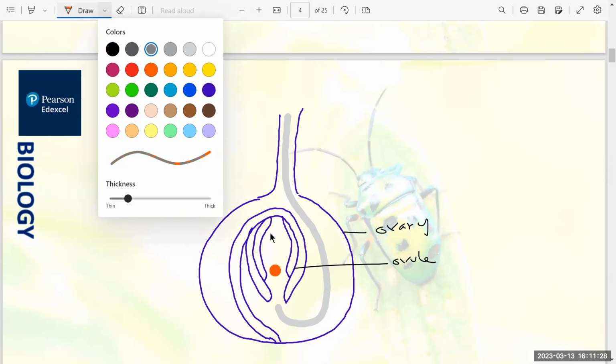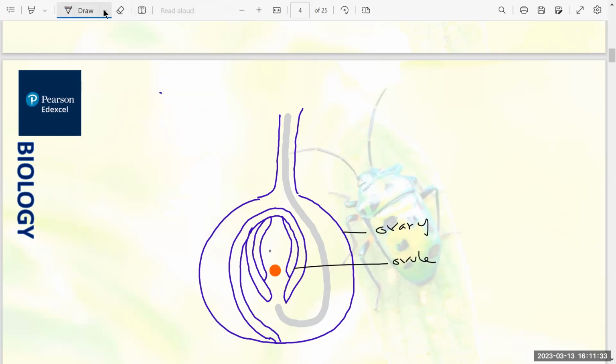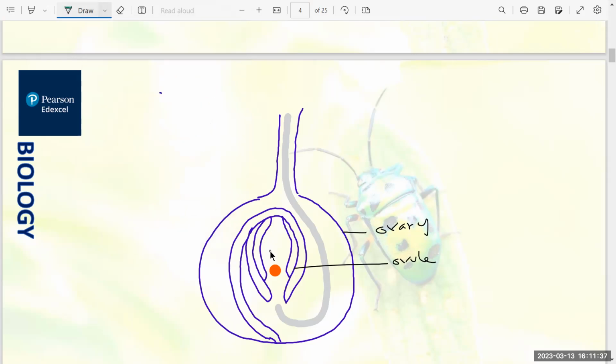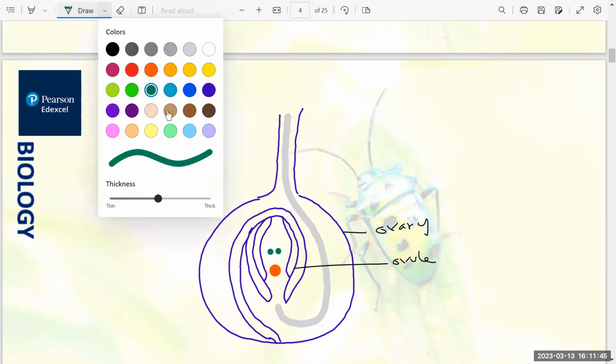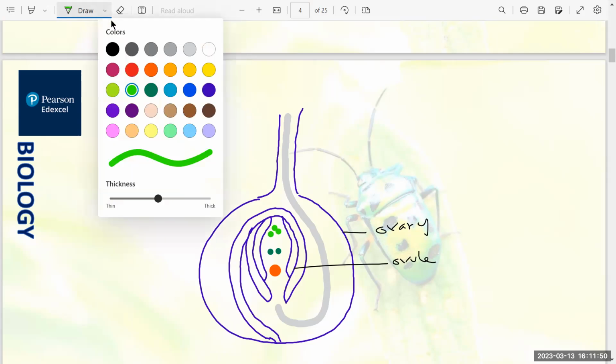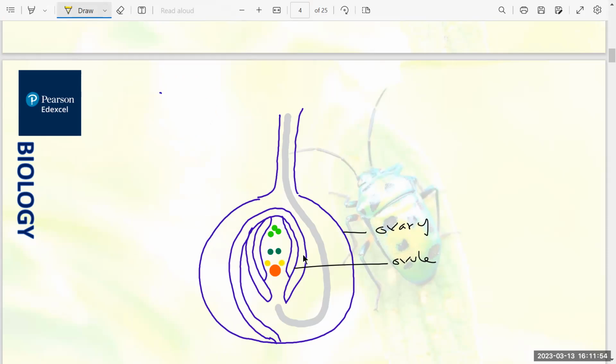For example, here, two nuclei in the middle, 1, 2. And there are another 3 nuclei here, and another 2 nuclei around here. So these are 8 nuclei.